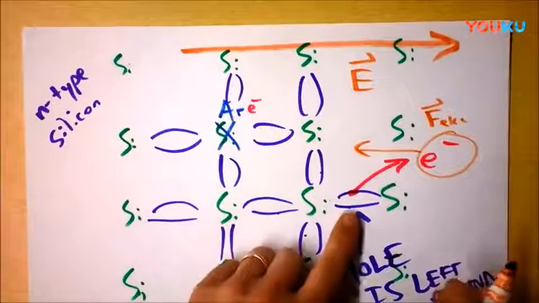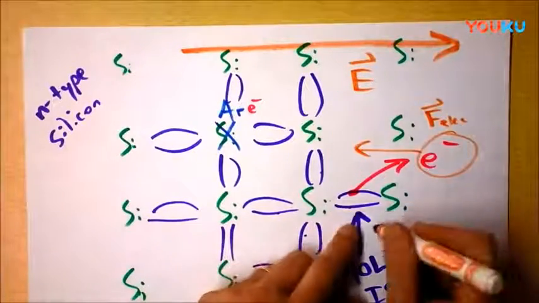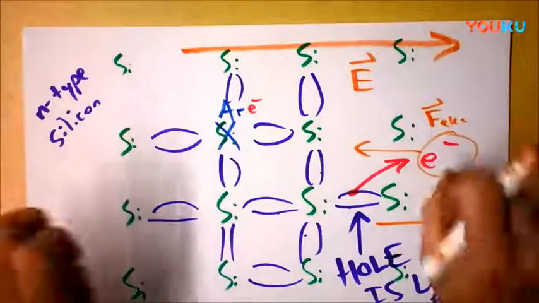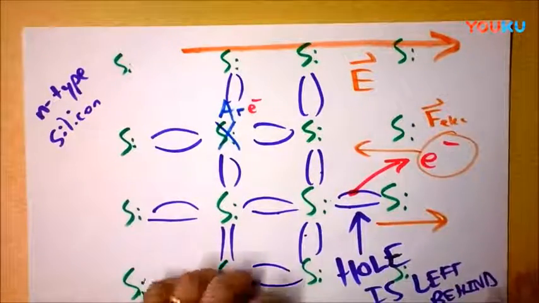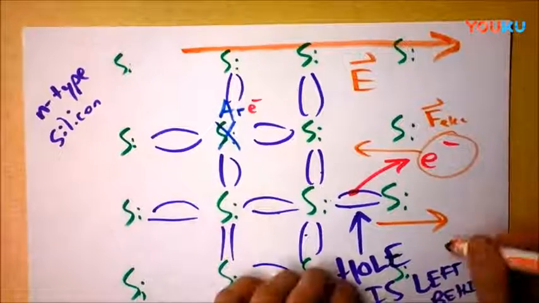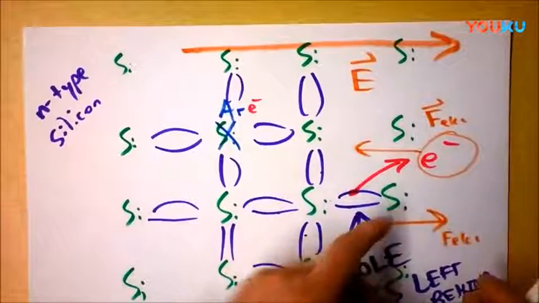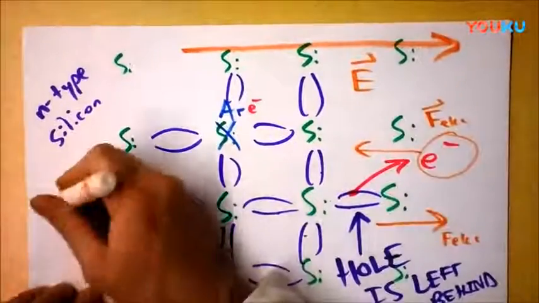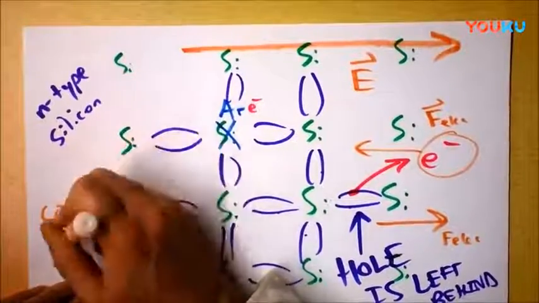And the hole will actually want to go that direction, because the hole is positive and it will go in the direction of the electric field. Interesting. Now we've got a hole that's moving to the right and an electron that's moving to the left, and we've just invented solar panels.